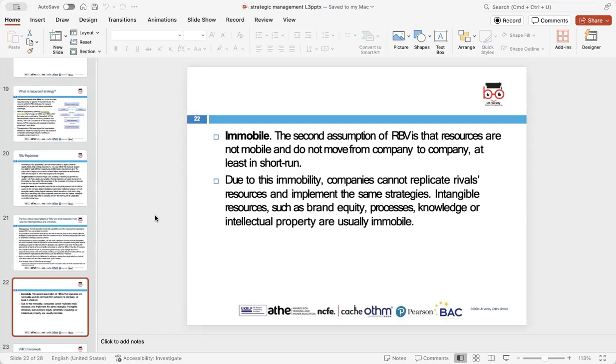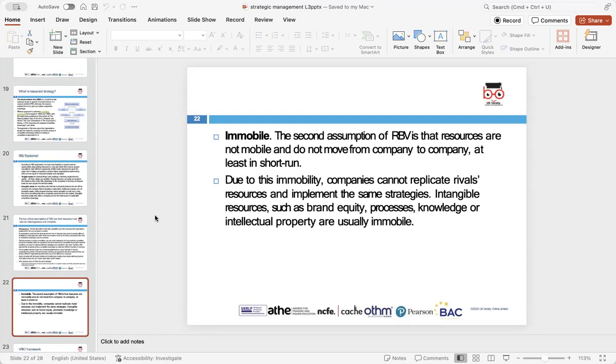A fundamental assumption of the RBV is that resources are immobile, meaning they do not move freely between companies, especially in the short term. This immobility ensures that companies cannot easily replicate each other's resources or strategies.